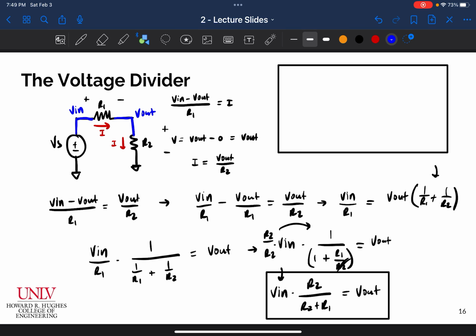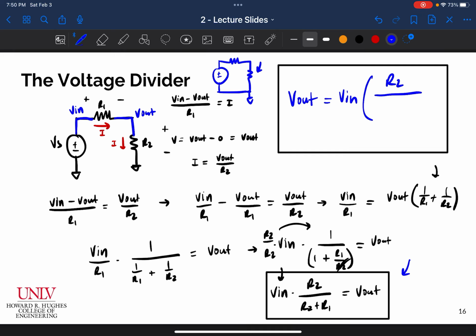Anytime you see a voltage divider, anything that looks like a voltage source and then two resistors in series, you can always use this equation, which states that the output voltage V out is equal to the input voltage multiplied by the second resistor, this one, divided by the sum of the two resistors.